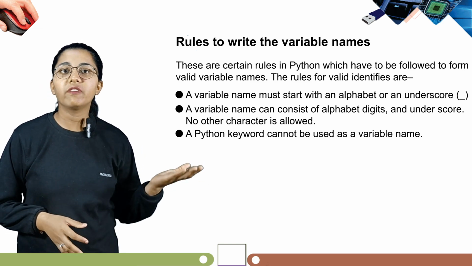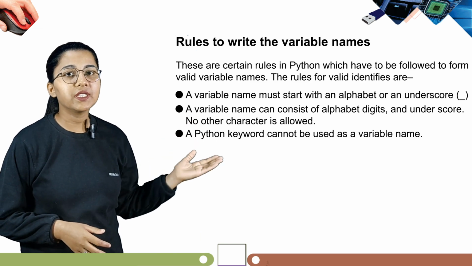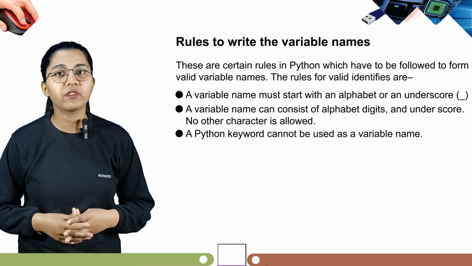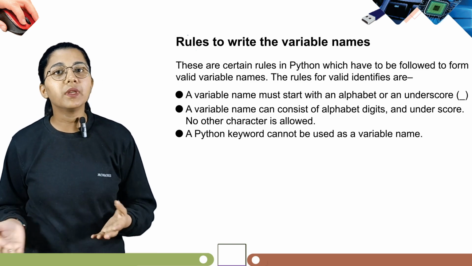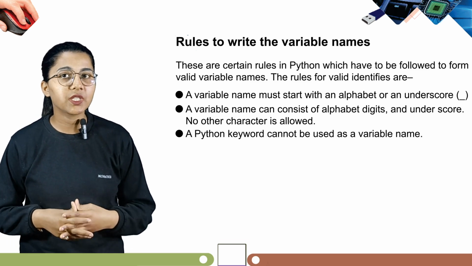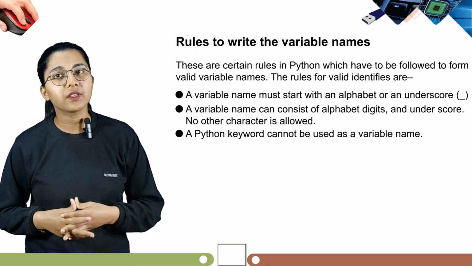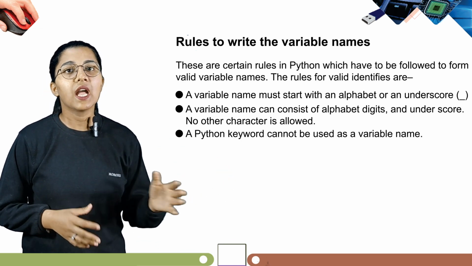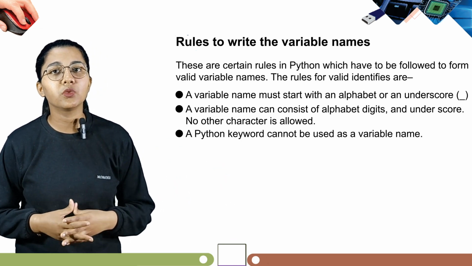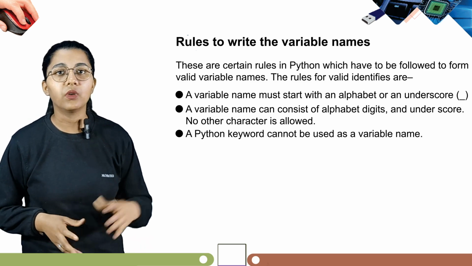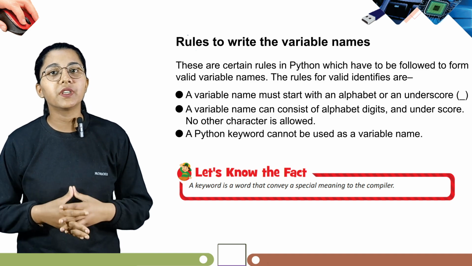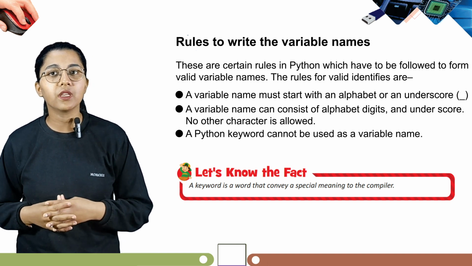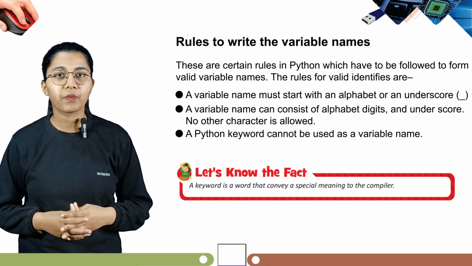The rules for valid identifiers are: first, a variable name must start with an alphabet or an underscore. Second, a variable name can consist of alphabets, digits and underscores. No other character is allowed. Third and last, a Python keyword cannot be used as a variable name. Again here we have an interesting fact: a keyword is a word that conveys a special meaning to the compiler.